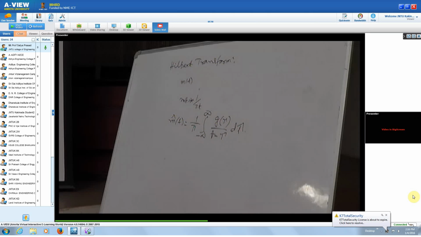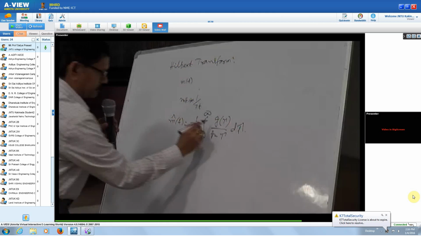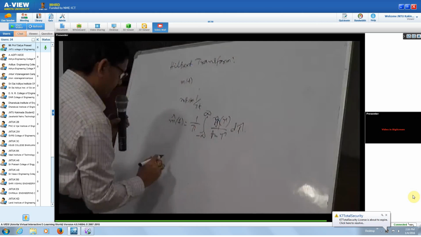What exactly are we doing by Hilbert transforming the signal? We are having a phase shift. How much phase shift? Compared to your m of t, all the frequency components of m of t are shifted by 90 degrees in phase to give us the Hilbert transform m hat of t.